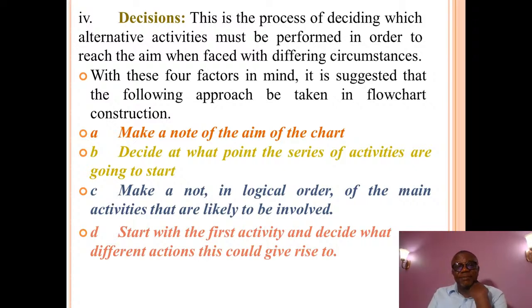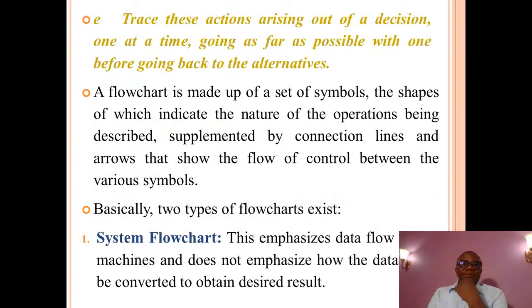And D, you must start with the first activity and decide what different actions this could give rise to. And E, you have to trace these actions arising out of a decision, one at a time, going as far as possible with one before going back to the other alternative.